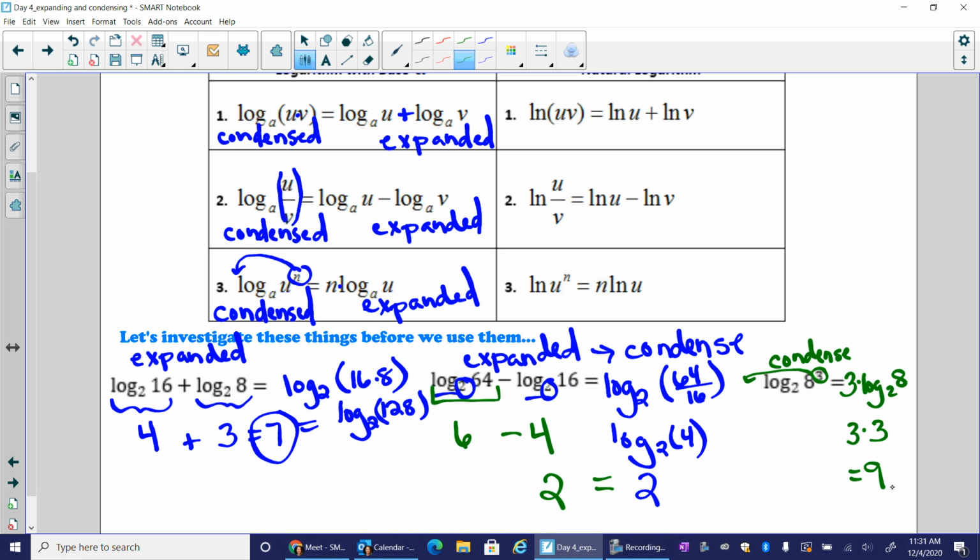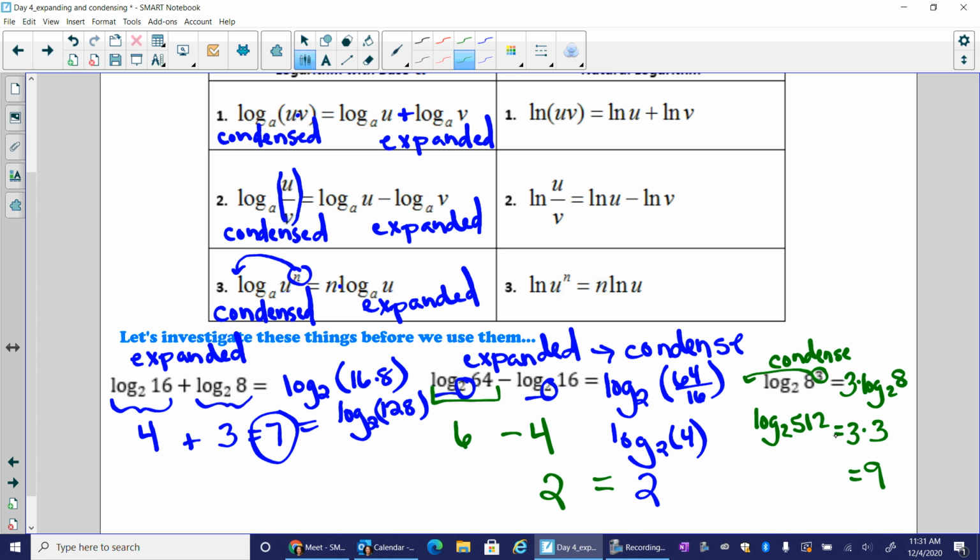Well, let's go the other way. Let's check this out. 8 cubed, if you have to put it in the calculator, no shame in that game, that equals 512. So now I've got to confirm how 512 can be written as a power of 2.